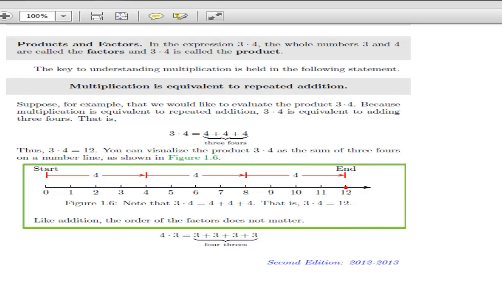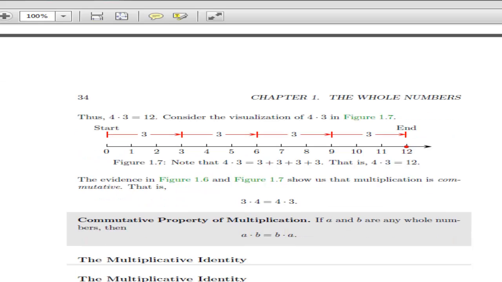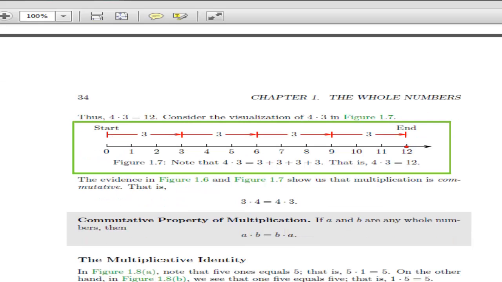You can visualize the product 3 times 4 as a sum of 3 fours on a number line, as shown in Figure 1.6. Like addition, the order of the factors does not matter. It is also true that 4 times 3 equals 3 plus 3 plus 3 plus 3. Thus, 4 times 3 equals 12. Consider the visualization of 4 times 3 in Figure 1.7.